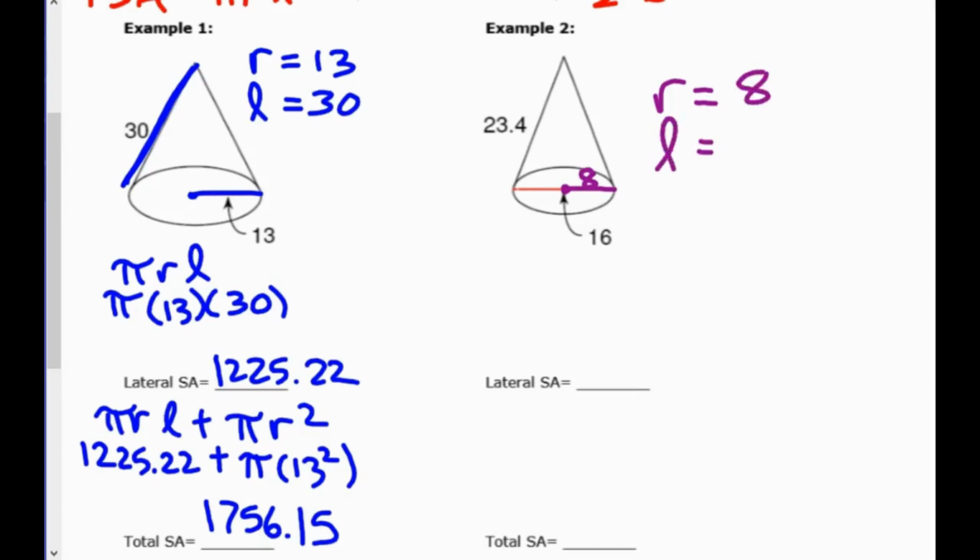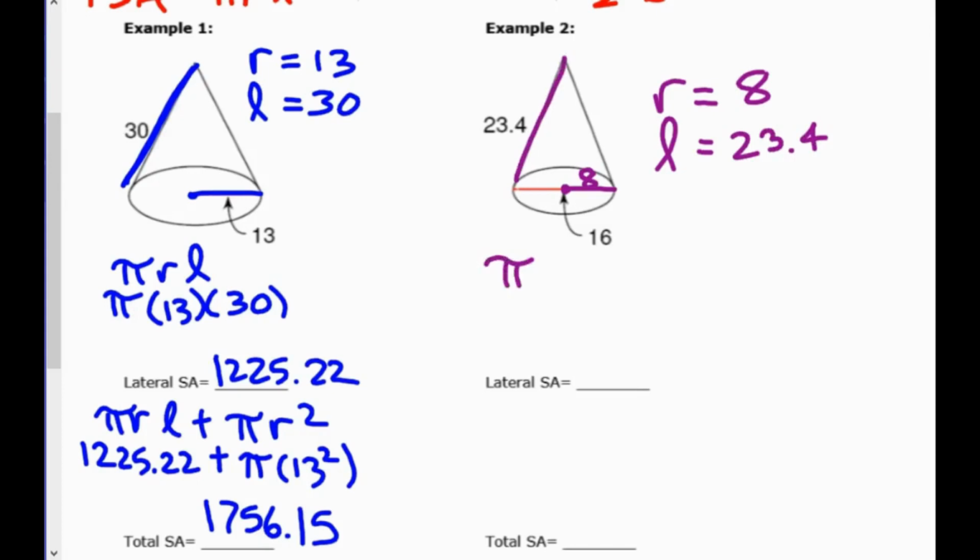Now, you tell me, is 23.4 on the slant? Yes. So we actually do know the slant height. It's 23.4, okay? Because there it is on the slanty. So let's type this in.